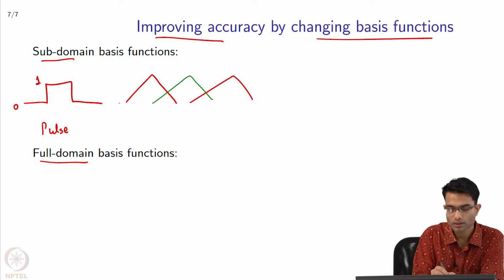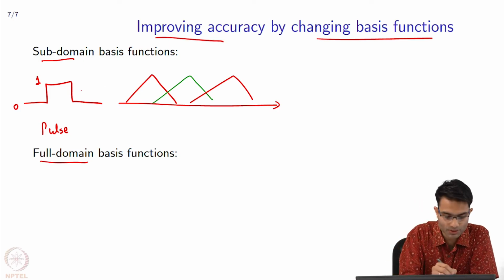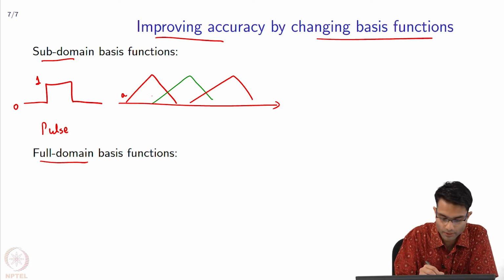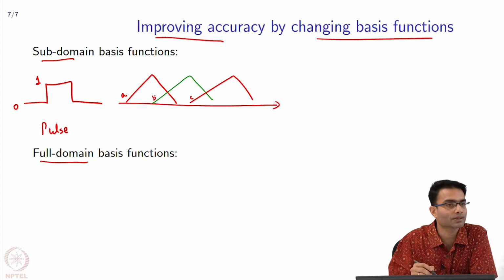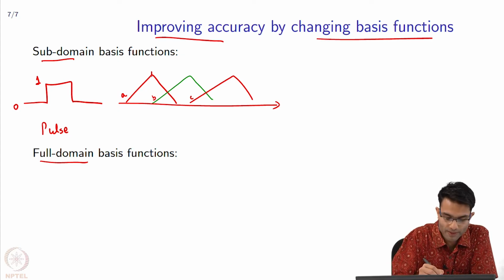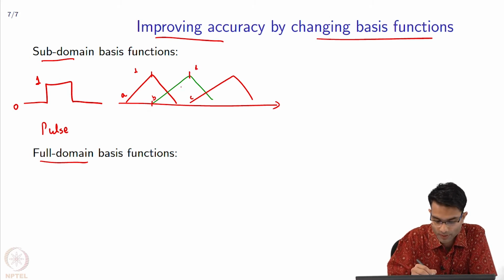These are another class. So this is basis function A, basis function B, basis function C. The way these are constructed is very clever again. The place where this one is 1, the other basis function has a value 0. Similarly, you can see this function is 1 over here.